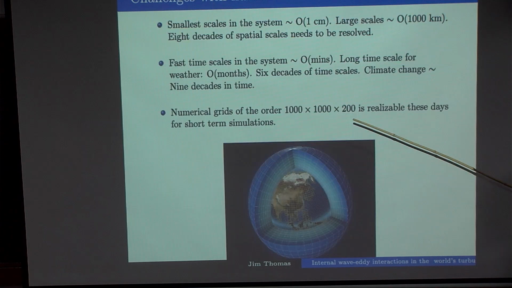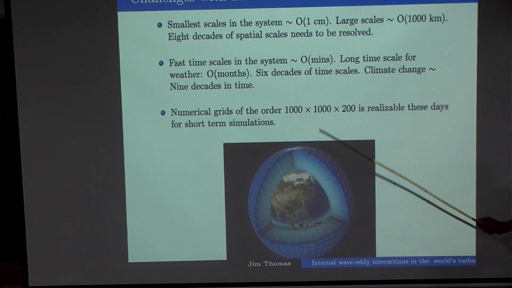People who have some experience with numerical methods will appreciate this more. When you look at the system, the smallest scales in the system are of order centimeters. We'll see more details of turbulence soon. But in the flows that we saw in those movies, you have scales going from 1000 kilometers, which is the order of the radius of the planet. From there, energy goes all the way down to the centimeter scale.